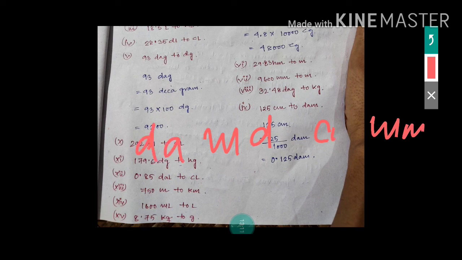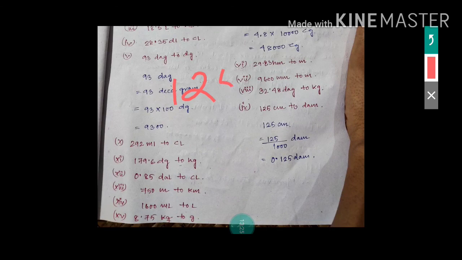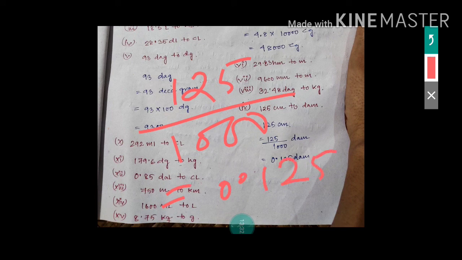From centimeter to decameter: 1, 2, 3. How many jumps? 3 jumps. But here we are moving downwards, so that means division. 125 divided by 1000, 3 jumps means three zeros. That means 0.125 dam, decameter.